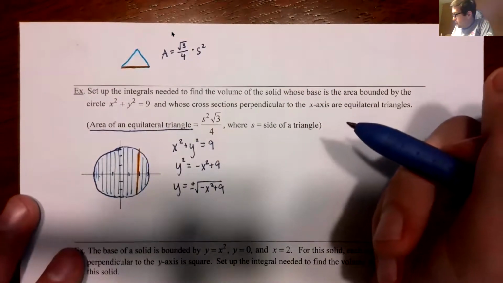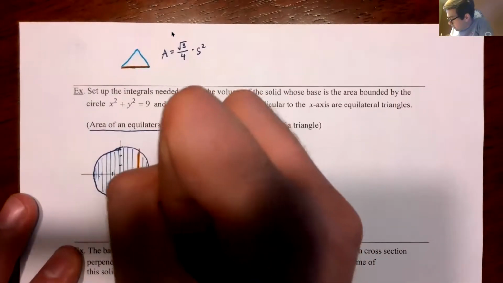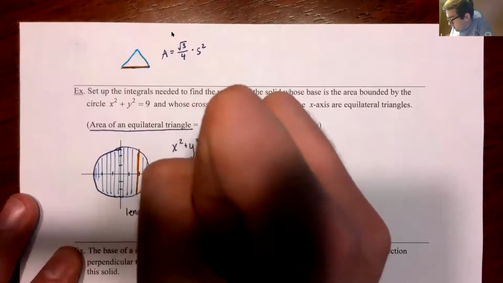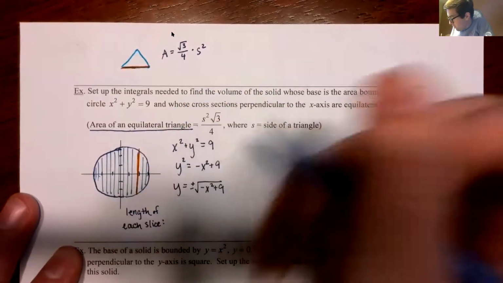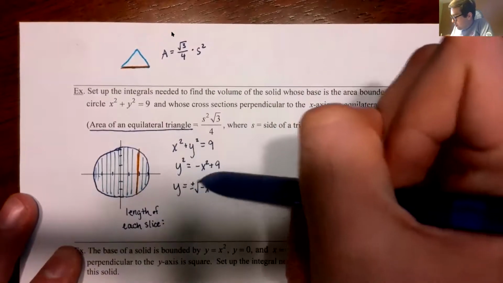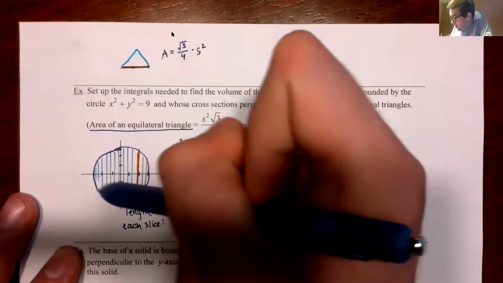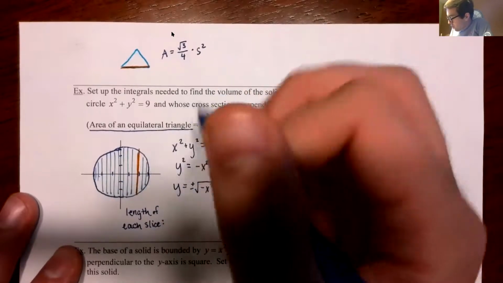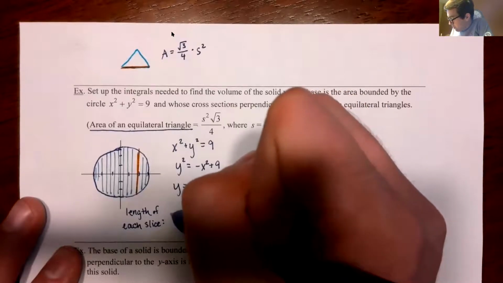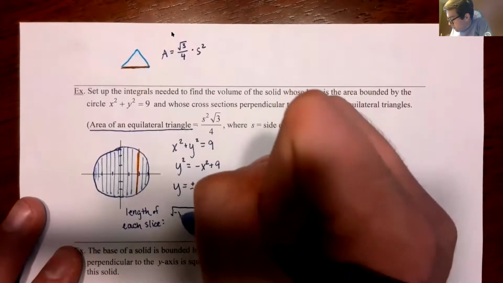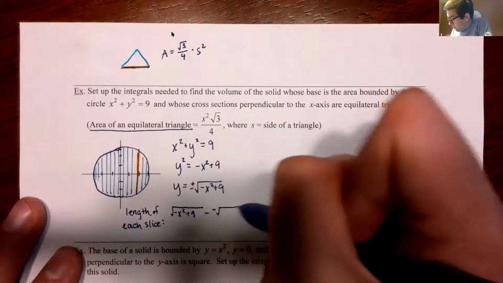So the height of each slice, or the length of each slice, the positive square root is going to be the top half of this circle, and the negative square root is going to be the bottom half of this circle. So we could think of it as the top half minus the bottom half.